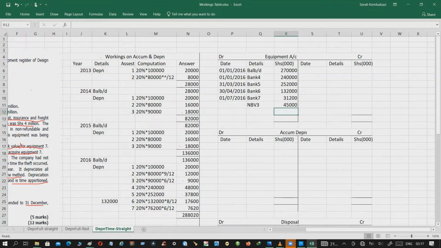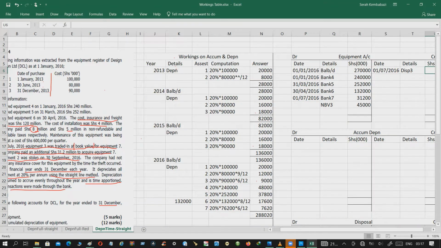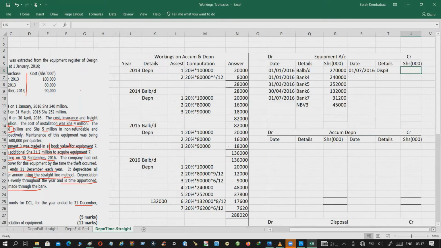So on the other credit side, we'll have to report our disposals in case we have any. And definitely on 1st of July 2016, we know that we disposed of equipment 3 that had a cost of 90,000.